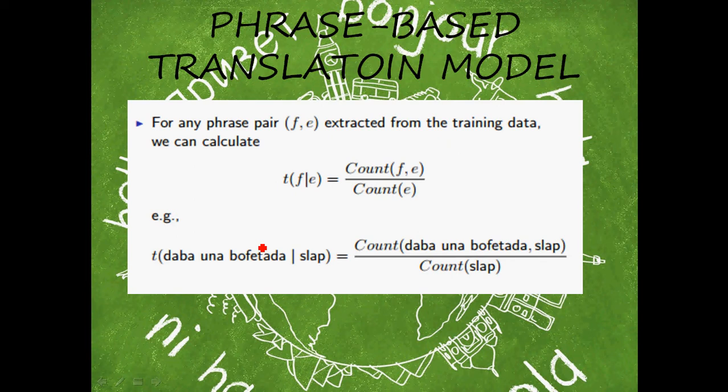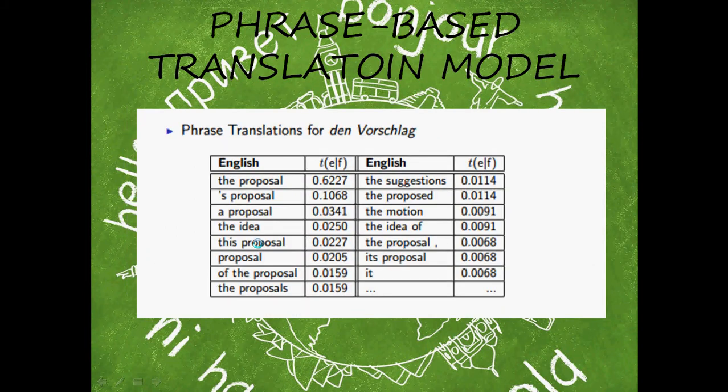According to this formula, we can see in this example, the German word here can be translated into different English phrases. When t reaches its maximum value, we know that the proposal, instead of a proposal or this proposal, is the best translation.